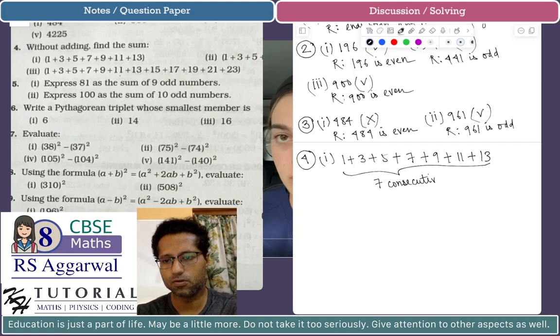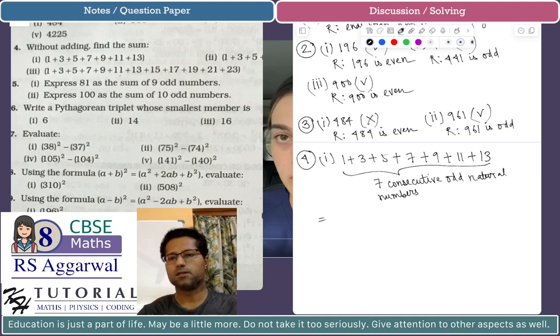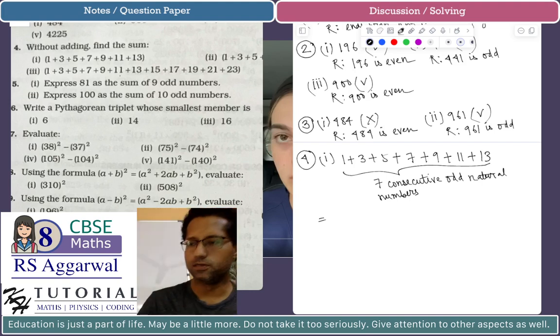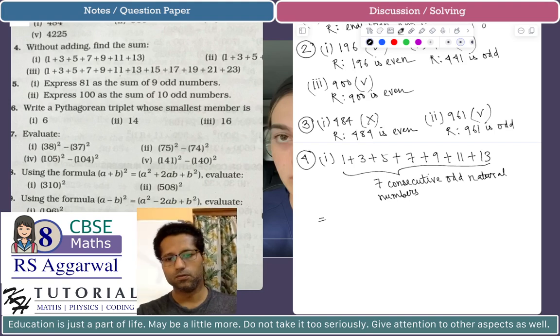These are 7 consecutive odd natural numbers. So by the property, we know that the sum of the first n odd natural numbers is equal to n square, which is 7 square, that is 49.